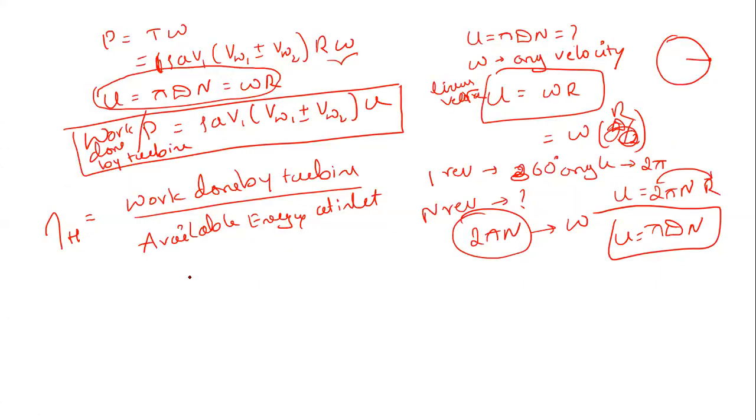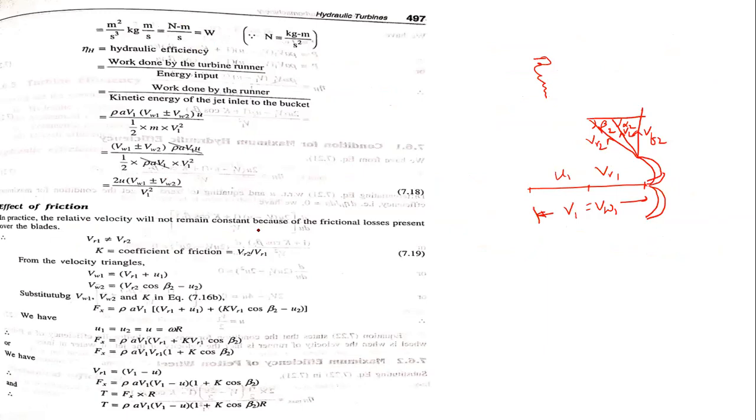So kinetic energy is given by half m V1 square. How can I write m? Half rho A V1 into V1 square.